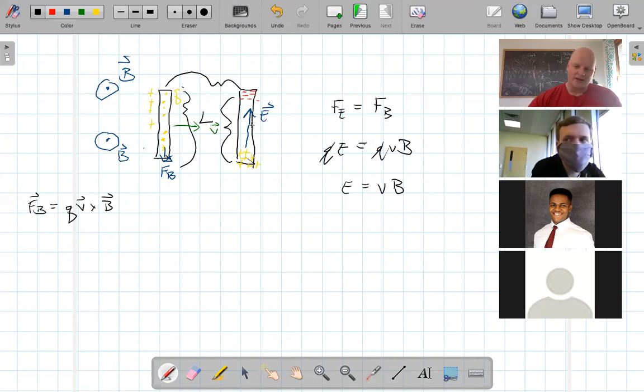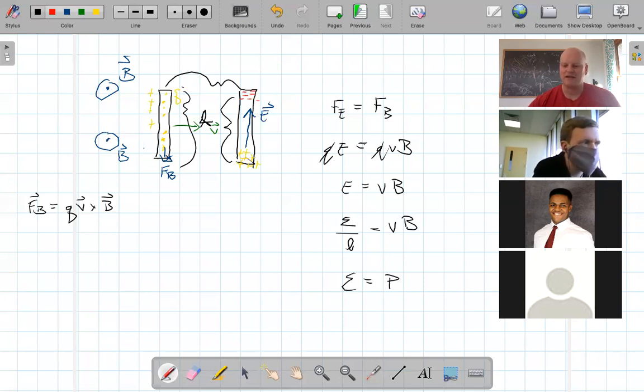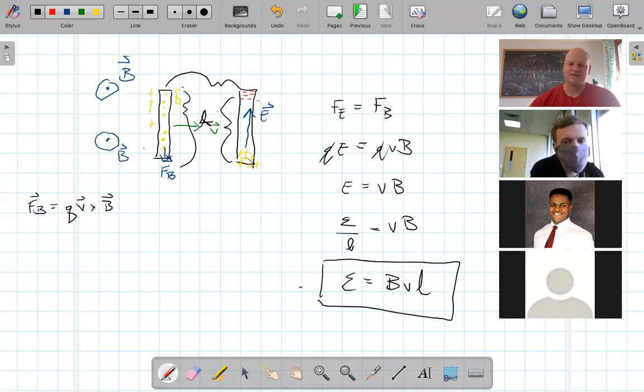But the EMF that I create across this is simply going to be equal to the electric field, or the electric field is equal to the EMF divided by the length of this rod. Let me call that curly L. So that's going to be equal to V times B, which means this guy's going to create an EMF, which is the magnitude of the magnetic field times the velocity times the length of the rod. This is what's known as a motional EMF.